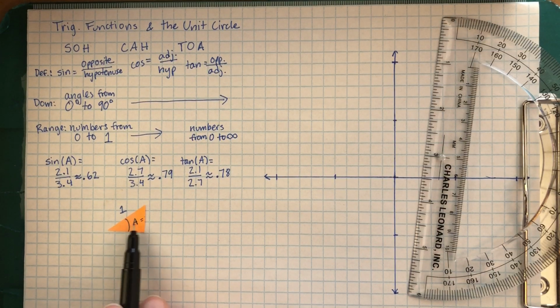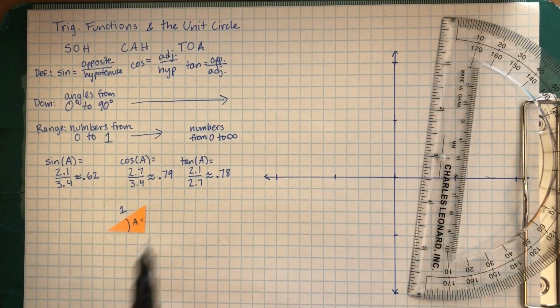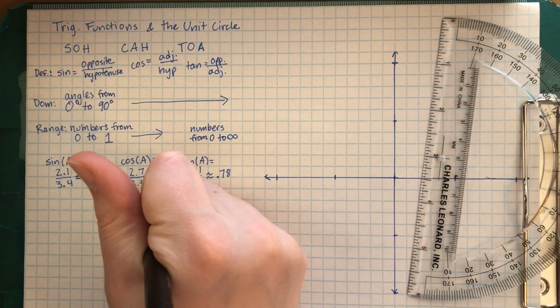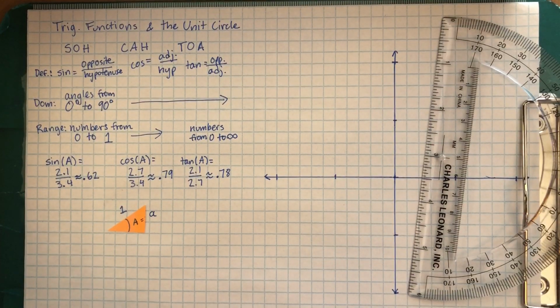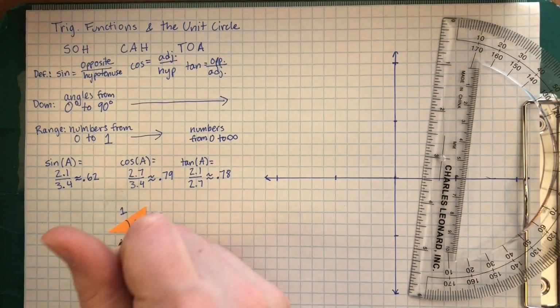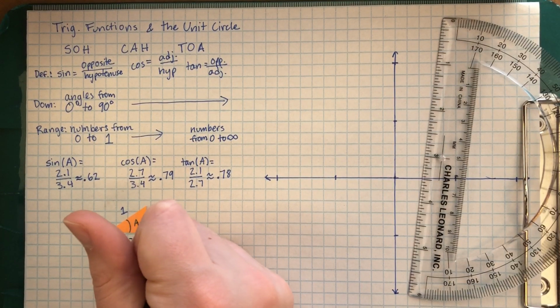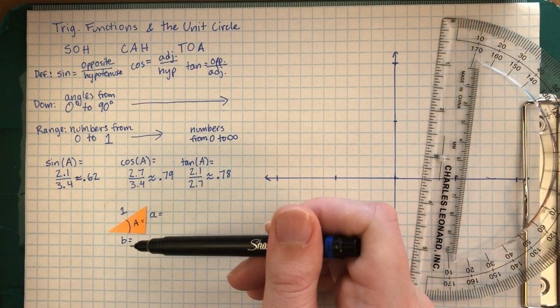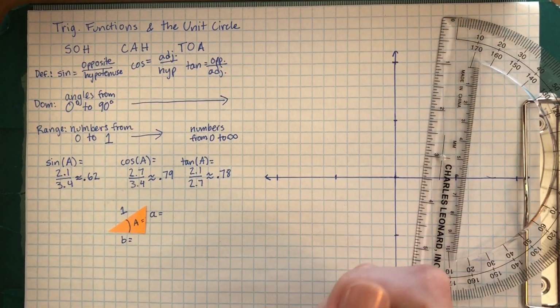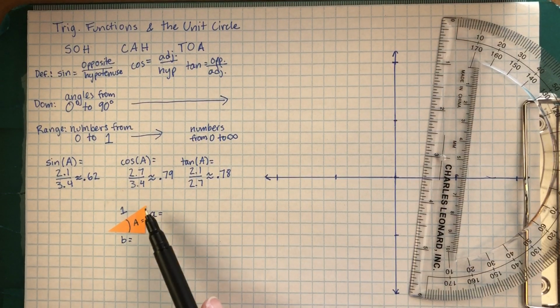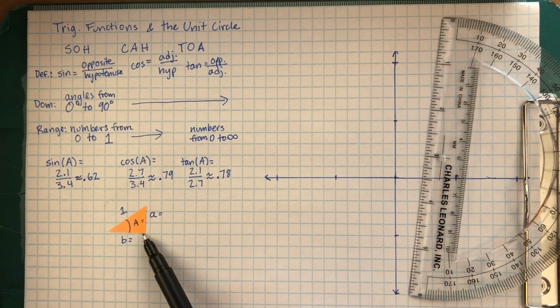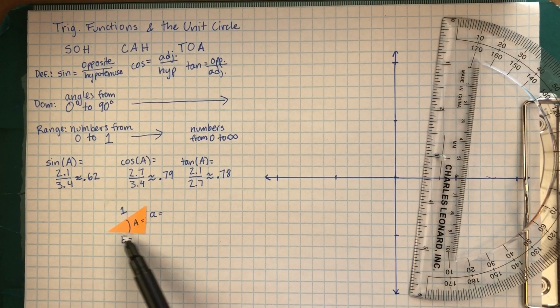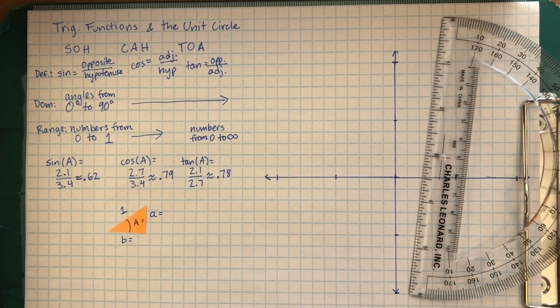Sine of A is still going to be this side, which I'm going to call lowercase a, and cosine of A is going to be the adjacent over the hypotenuse. So think for a second about how many inches long is this side and how many inches long is this side.